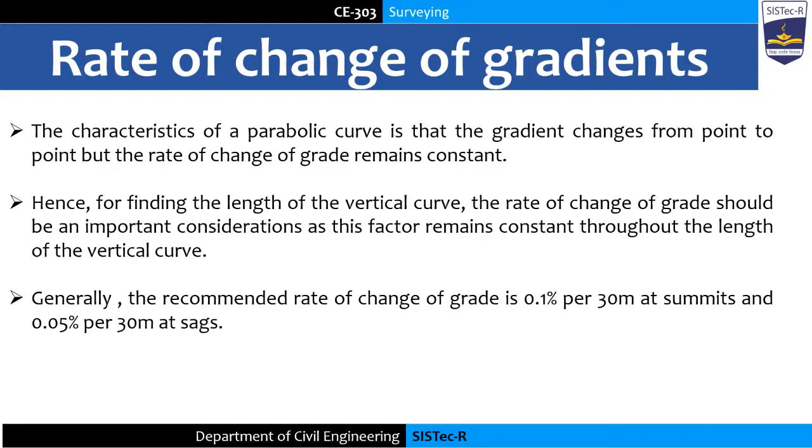Hence, for finding the length of the vertical curve, the rate of change of grade should be an important consideration, as this factor remains constant throughout the length of the vertical curve.